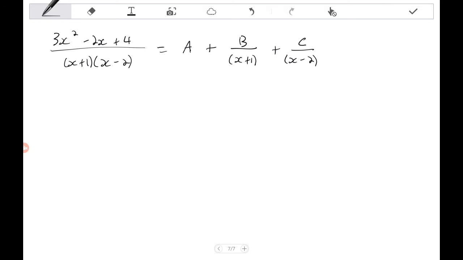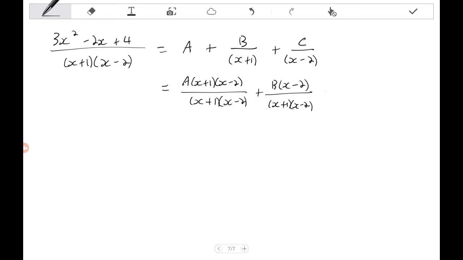this will save us a lot of time, because what we can now do, which I'll show you, is we can do the same procedure that we would have done before, and we can rewrite this as a lots of (x plus 1)(x minus 2) over (x plus 1)(x minus 2), and b(x minus 2)(x plus 1)(x minus 2), and c lots of (x plus 1) all over (x plus 1)(x minus 2).